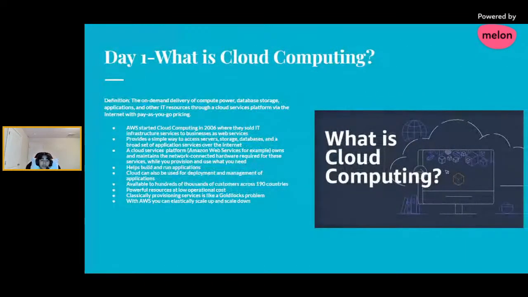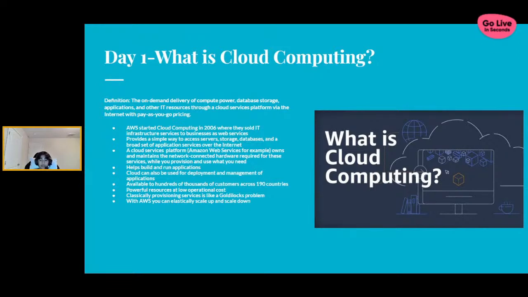Let's start off with talking about what cloud computing actually is. So, the definition is the on demand delivery of compute power, database storage, applications, and other IT resources through a cloud services platform via the internet with pay as you go pricing. So, AWS, Amazon Web Services, started cloud computing in 2006, where they had started to sell IT infrastructure services to businesses as websites.